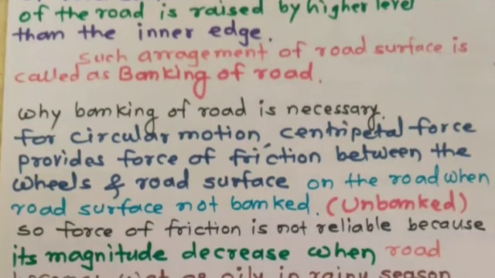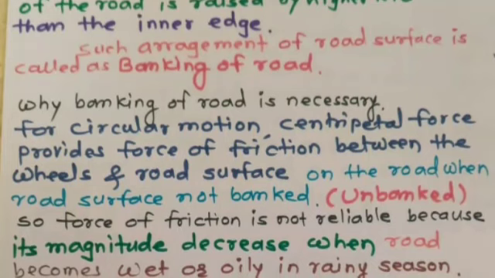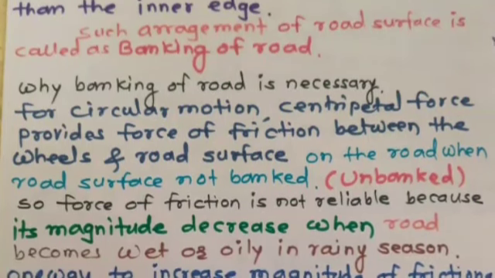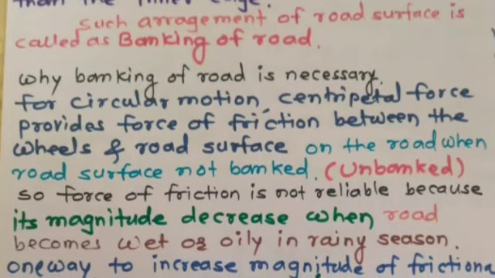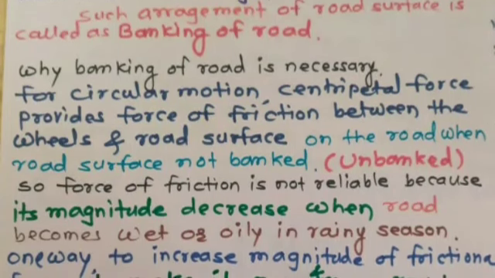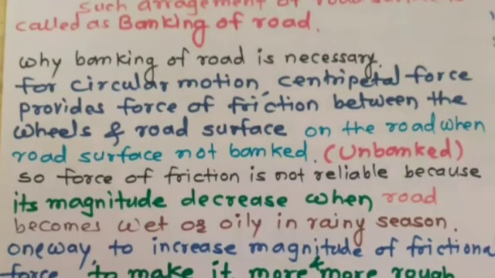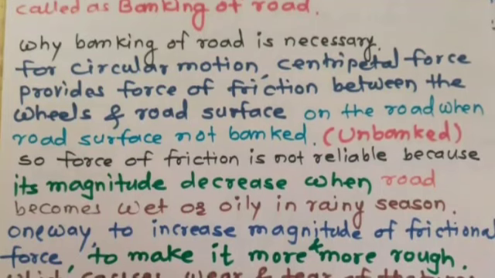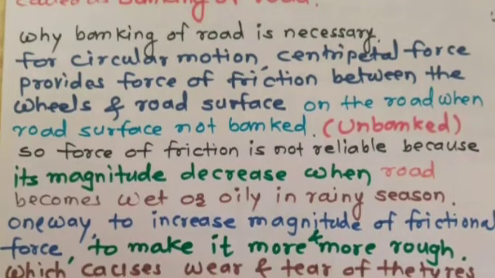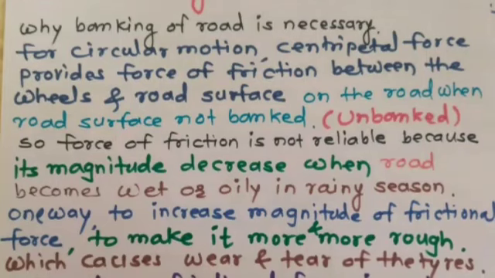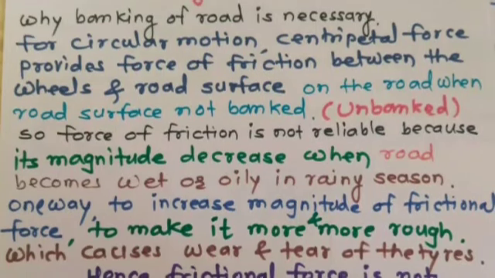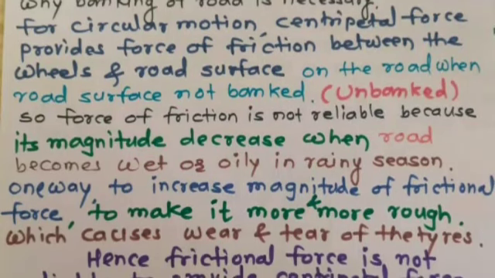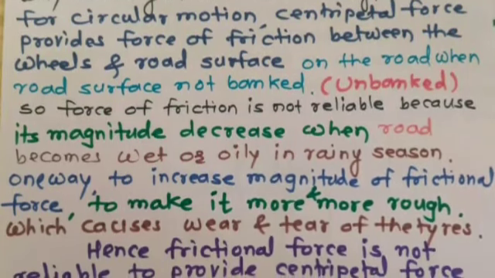So the question is why banking of road is necessary. We see that for circular motion, centripetal force is provided by force of friction between the wheels and road surface. On the road, when road surface is not banked, means unbanked, force of friction is not reliable because its magnitude decreases when road becomes wet or oily.